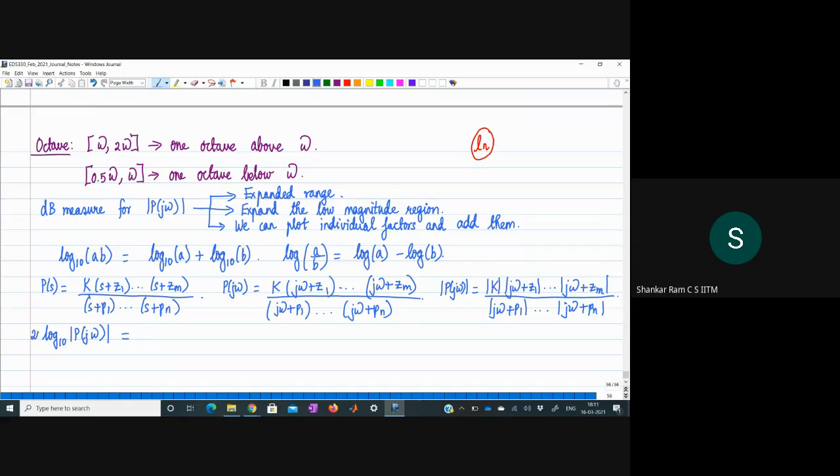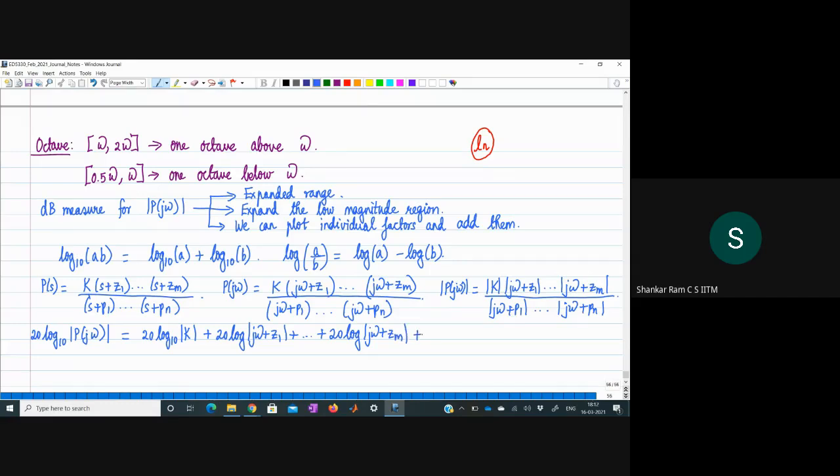So let's say we take 20 log magnitude of P of j omega. Due to the property of logarithm, we will have 20 log k plus 20 log of the magnitude of j omega plus z1, and we add all these terms until 20 log of the magnitude of j omega plus zm.